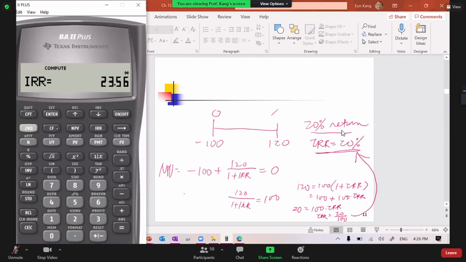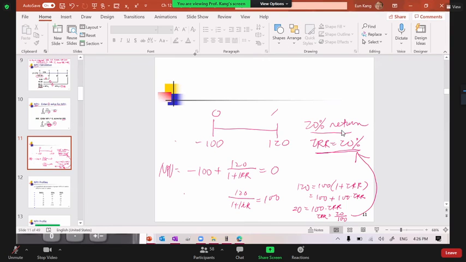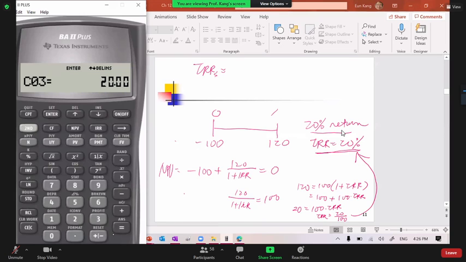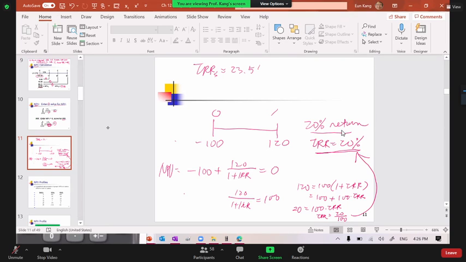So let me check. This is project S. So the IRR of S is 23.56%. Then what is the IRR of L? To save time, what is it?